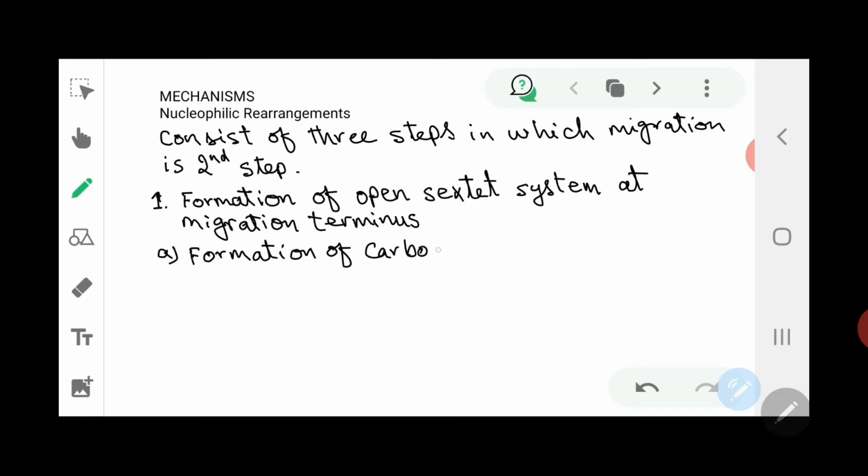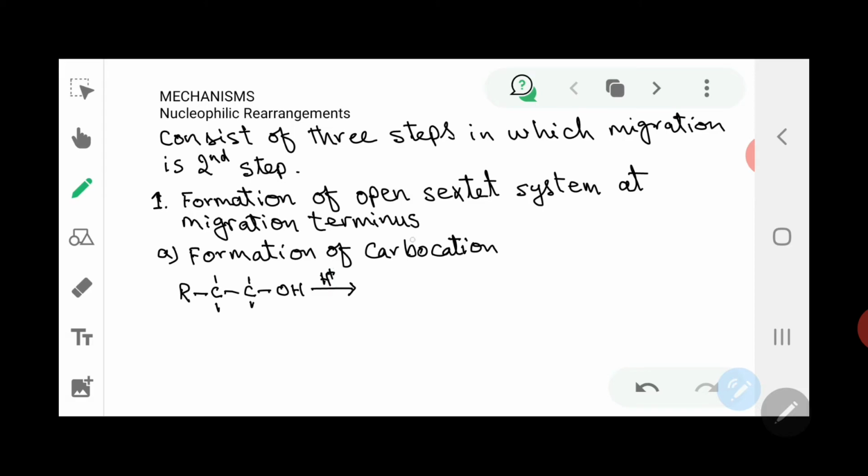You have learned different methods to form carbocations, such as removal of halogen, addition of proton, or removal of water molecule with the help of an acid, as discussed here.